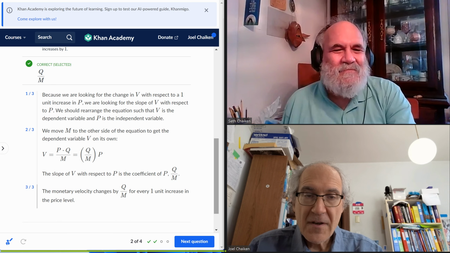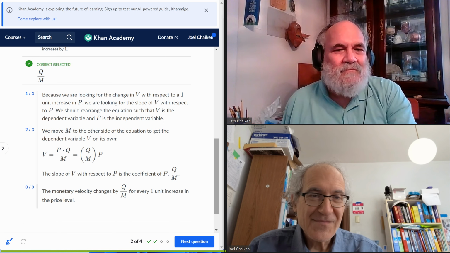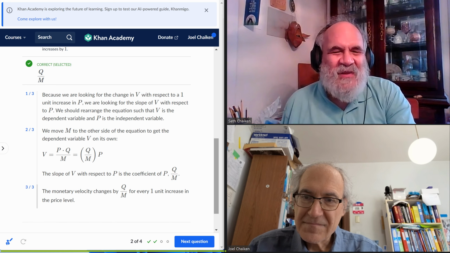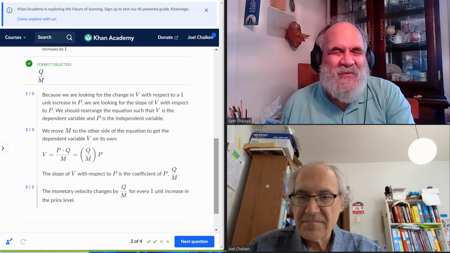What do you think? They recognize that the relation between P and V is linear. But what would have happened if the relation between V and P was reciprocal?